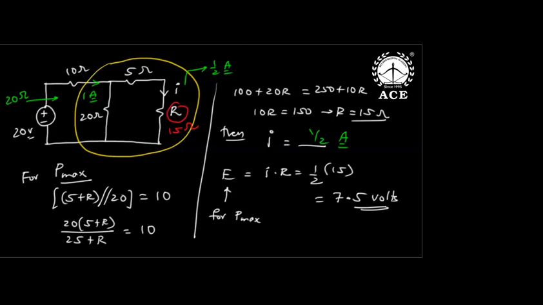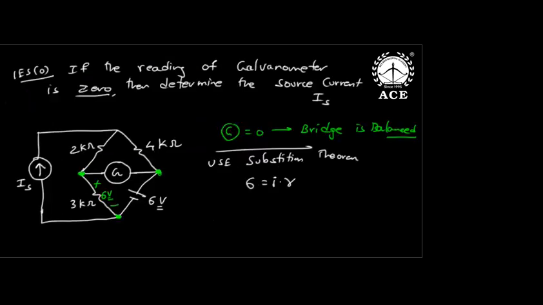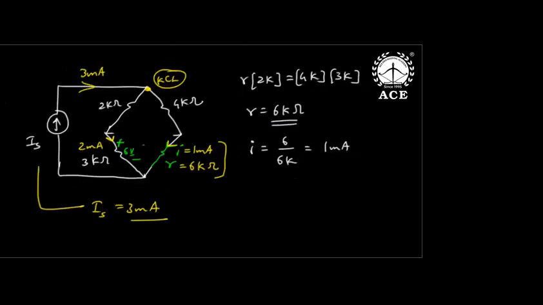Then I simplified into a simple network where I got the current and also the battery voltage E. Now here also, if the reading of the galvanometer is 0, determine the value of the source current. Then the source current is this 3.